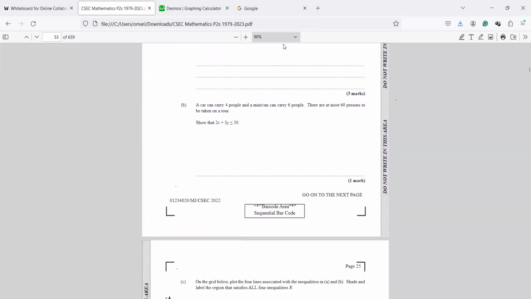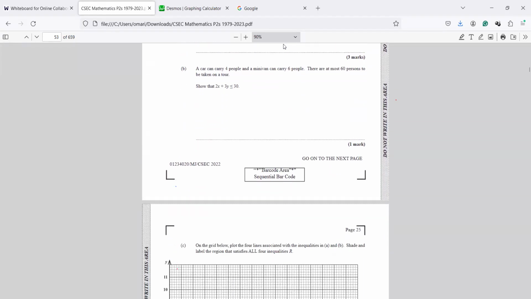Part B says a car can carry 4 people and a minivan can carry 6 people. There are at most 60 persons to be taken on a tour, and they want us to show that 2x plus 3y should be less than or equal to 60.